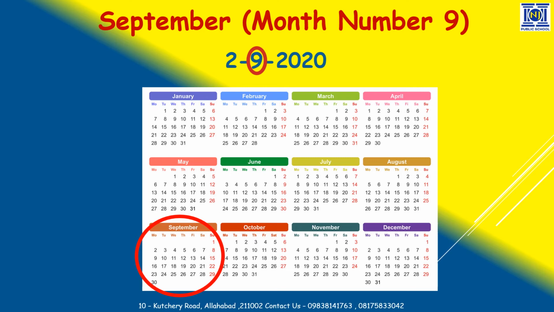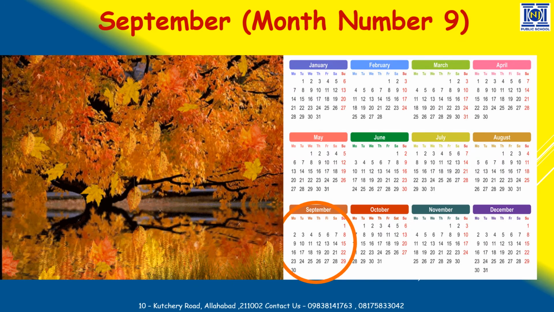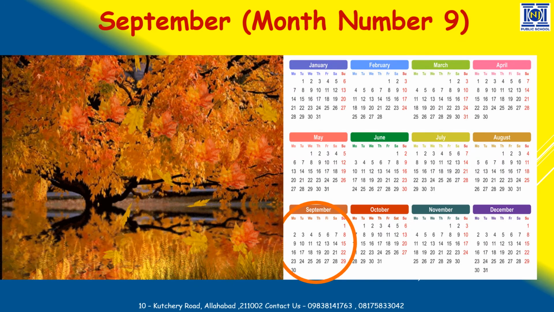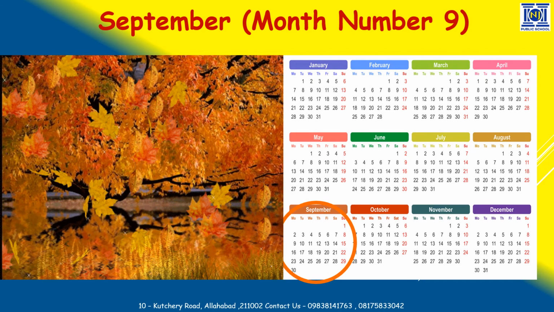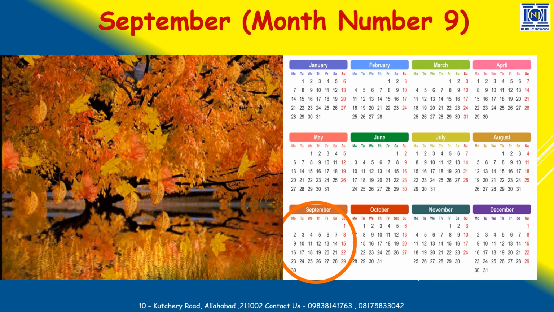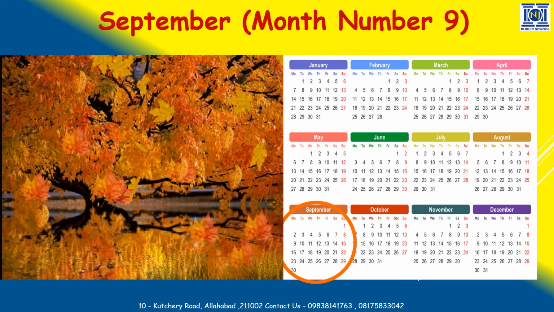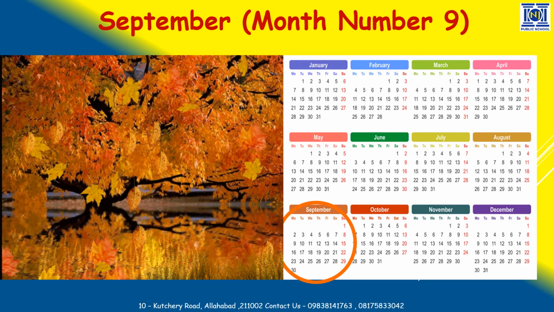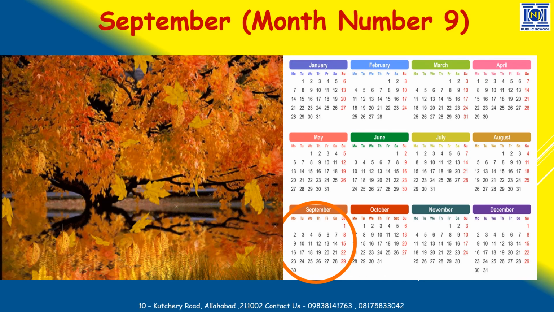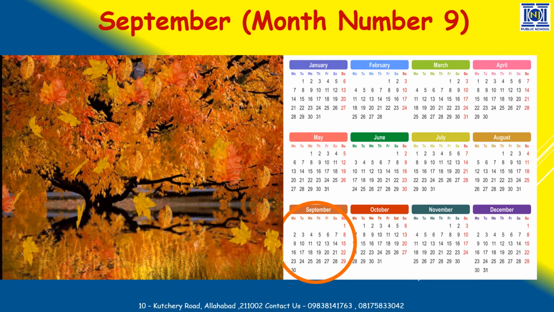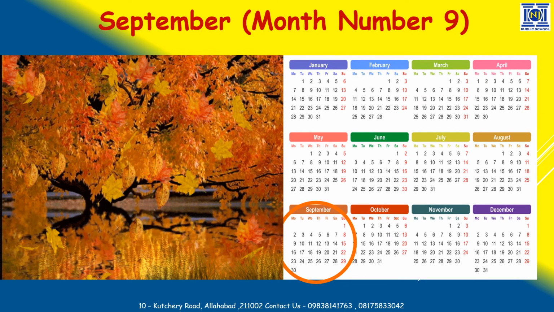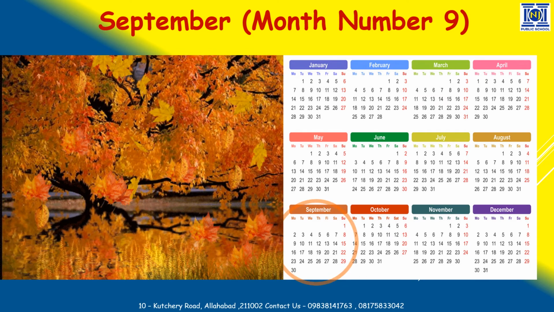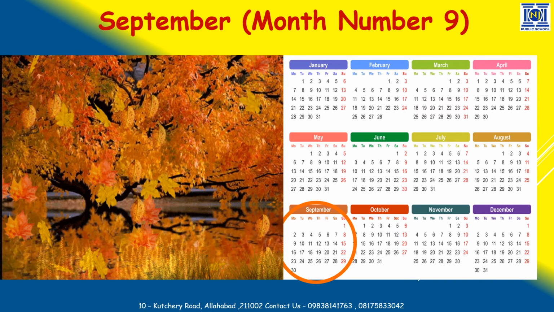You will read it as 2nd September 2020. And what happens in the month of September? Yes, the rain starts receding and the leaves of the trees start falling. It is autumn time that starts approaching during the month of September.